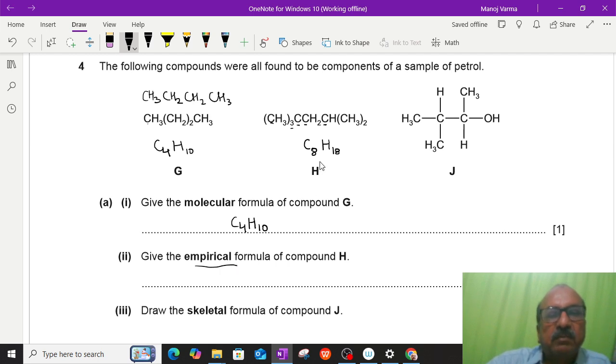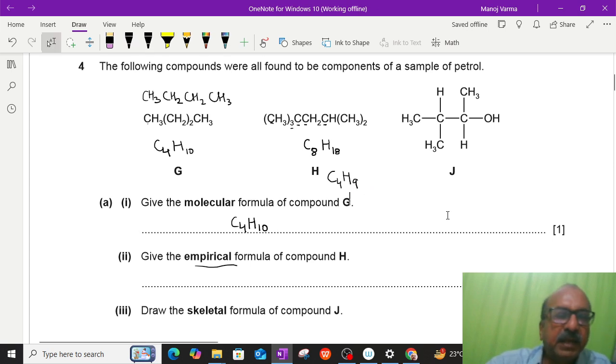The empirical formula is the simplest formula, the simplest ratio. I think both of them get divided by 2, but they won't get divided by 4. So if you divide both by 2, it becomes C4H9, right? Let me check whether this is the correct empirical formula against the mark scheme.